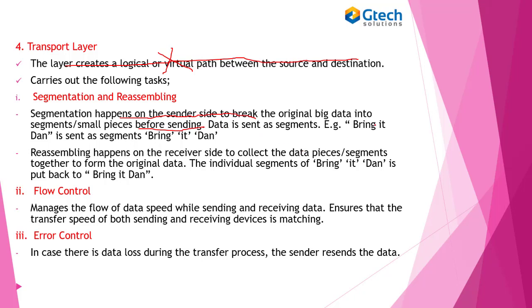For example, "bring it done" would be sent as segment "bring", segment "it", segment "done", as you can see. So it's being broken into pieces, and every piece is sent at a time.